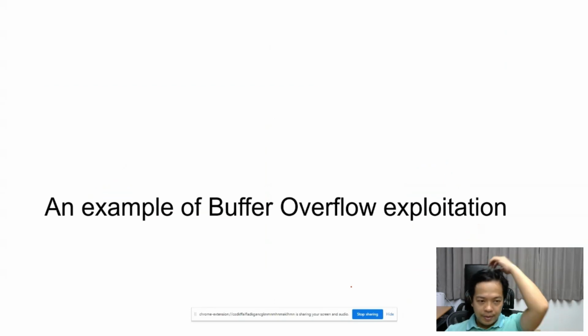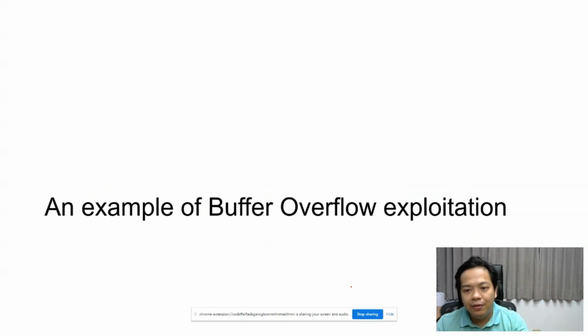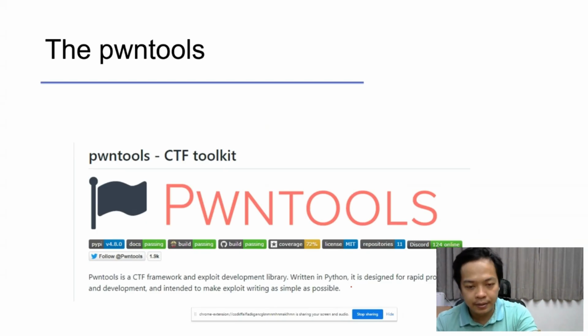Okay, this is one example of buffer overflow exploitation. And the tool to use is the CTF toolkit, pwntools. This kind of tool is developed in Python, for rapid prototyping and development.